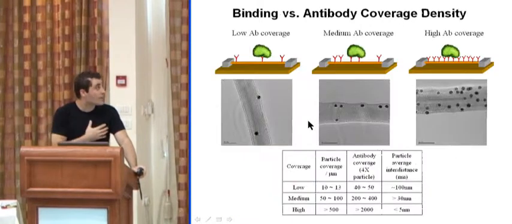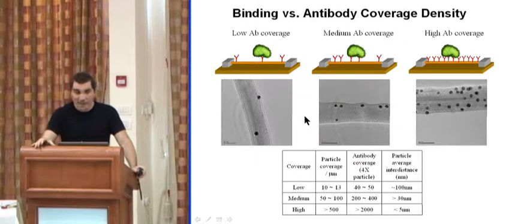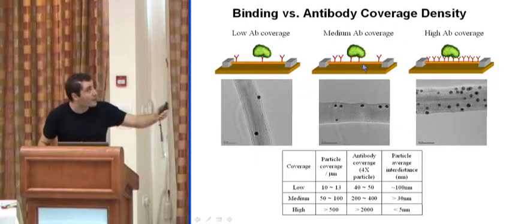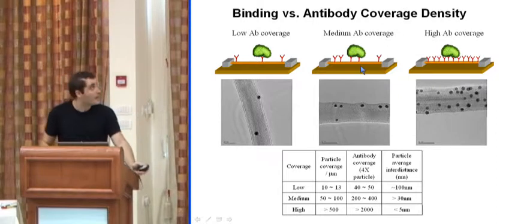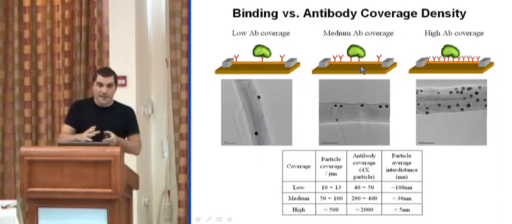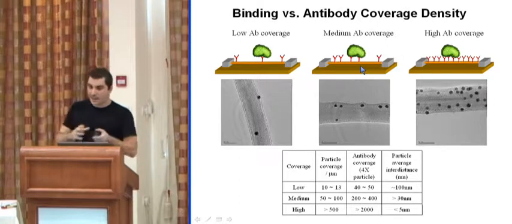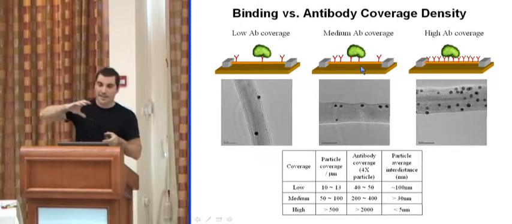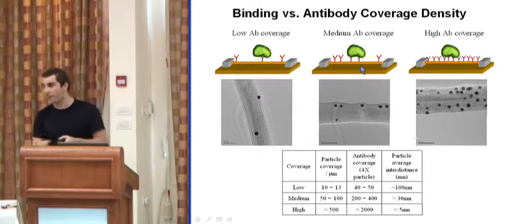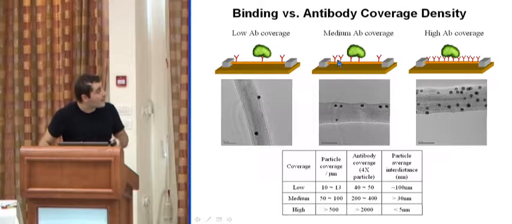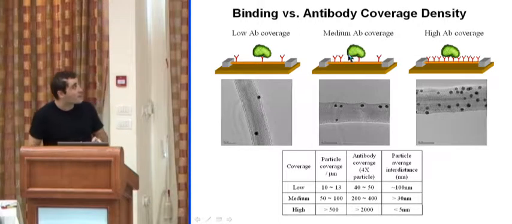And we can also control the time that the virus particle will stay on the surface by changing the surface density of antibodies against the virus. Actually, the virus is like a cell, a small system that contains a large number of the same protein on the surface. So by making the surface density of antibodies to this protein larger, the virus can bind to many points on the silicon nanowire, so it will stay longer there.